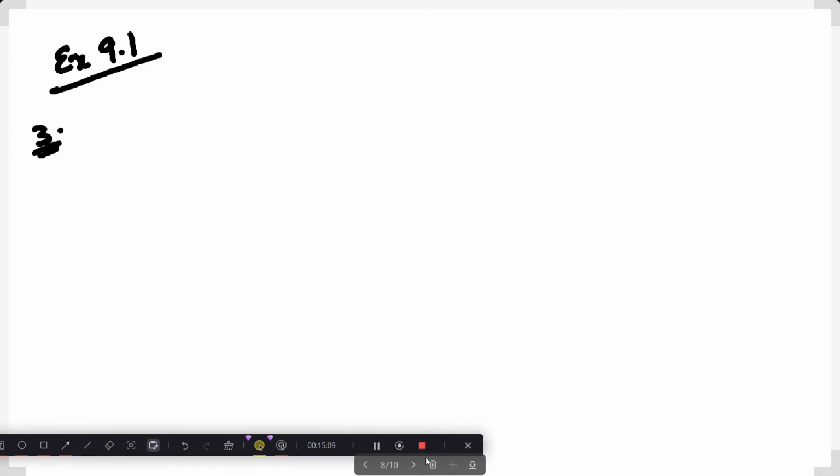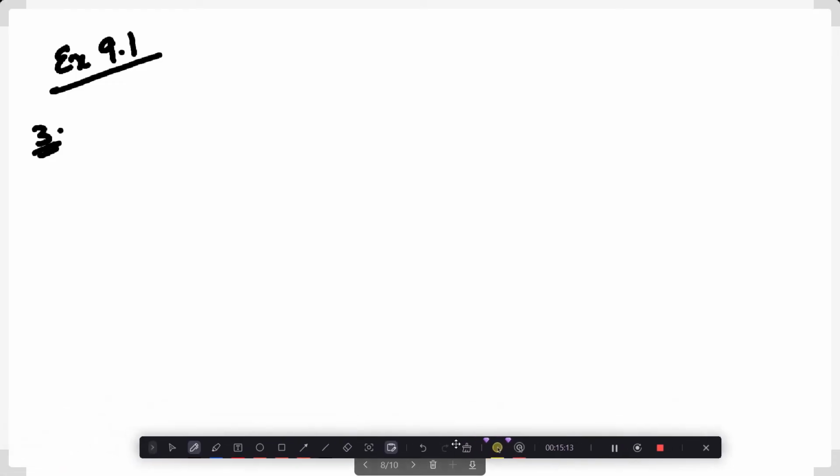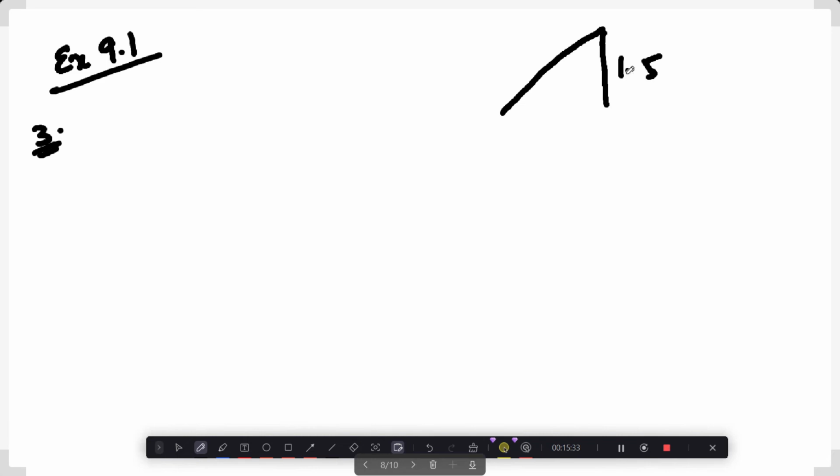Let's move to question 9.1. Exercise 9.1, question number 3. A contractor plans to install 2 slides for the children to play in a park. For the children below the age of 5 years, she prefers to have a slide whose top is at a height of 1.5 meter, and is inclined at an angle of 30 degrees.